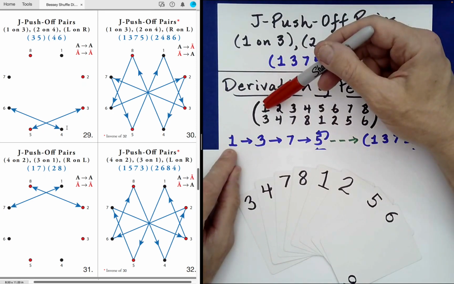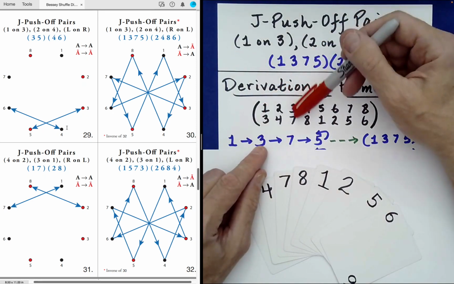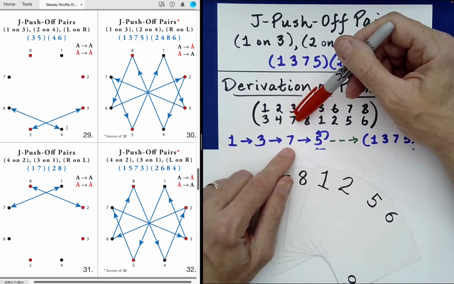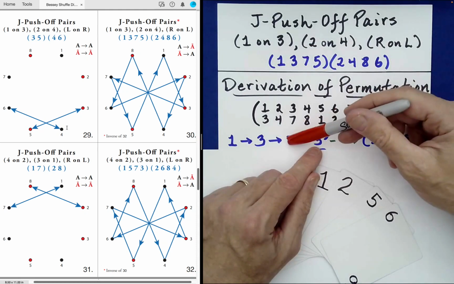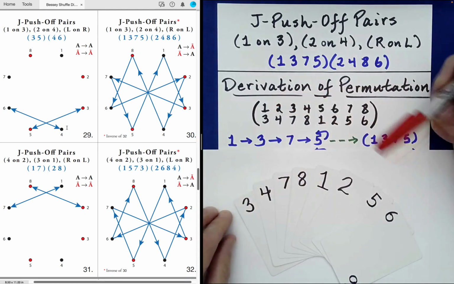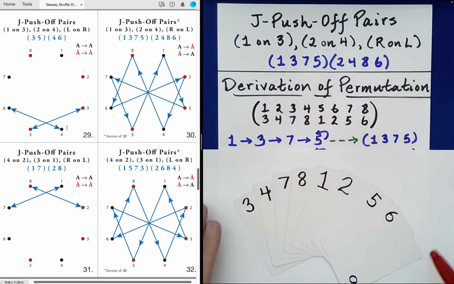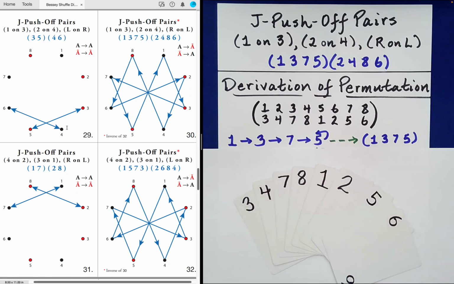Note that 1 goes to 3, so we have an arrow from 1 to 3. 3 goes to 7, so there's an arrow from 3 to 7. 7 goes to 5, so there's an arrow from 7 to 5. And then 5 returns back to 1, so that completes that cycle. And this cycle is of length 4. This is called a 4 cycle.